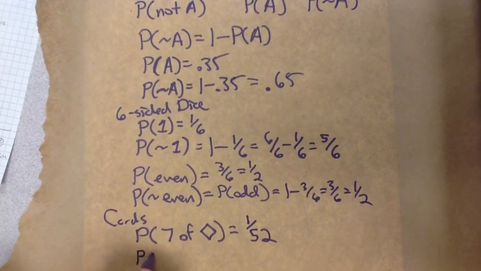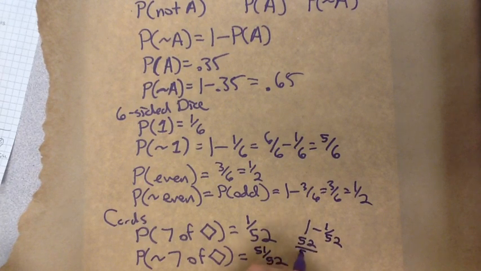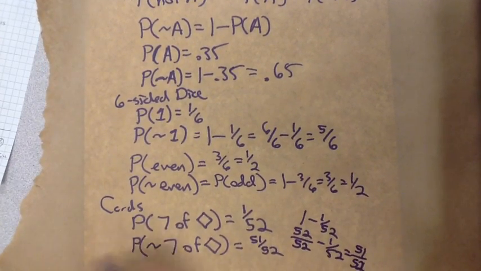But the probability that I not pull a 7 of diamonds, or its complement, is going to be every other card in the deck with the exception of the 7 of diamonds, which is 51 out of 52. And I got that because 1 minus 1 over 52 gives us that result. So make sure it always adds up to 1 if you combine the complement and the other event.